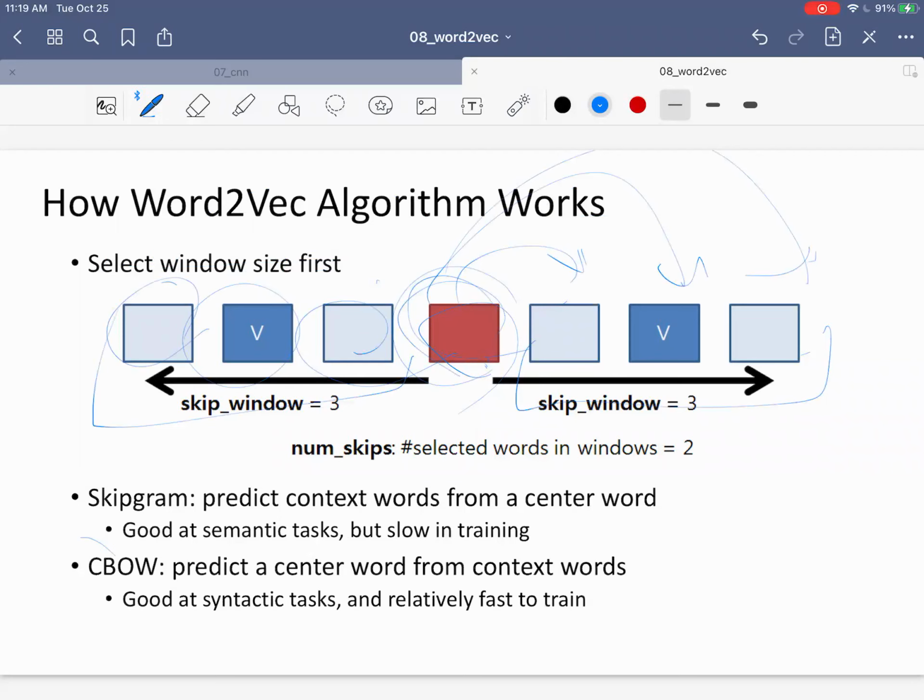For example, if I have a sentence, "I have a cat as a pet," you want your cat vector to be predictive of I, have, a, as, a, and pet.